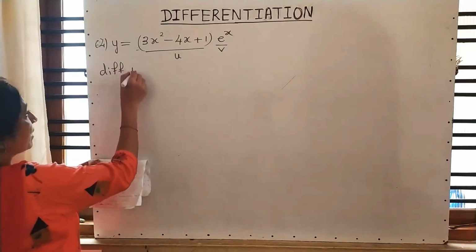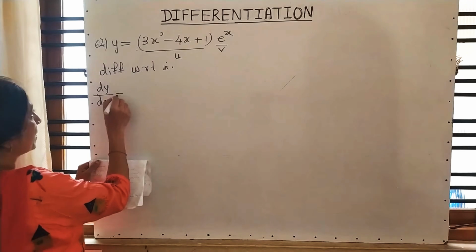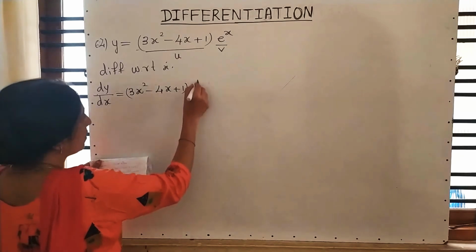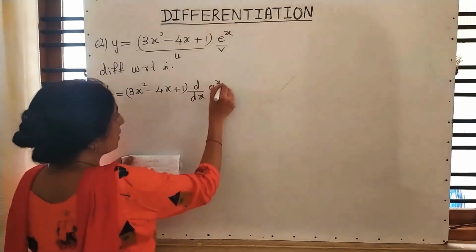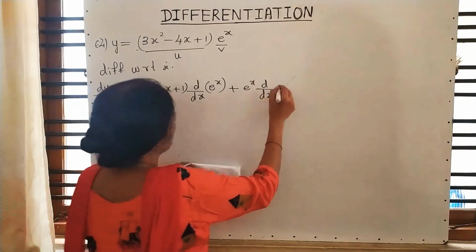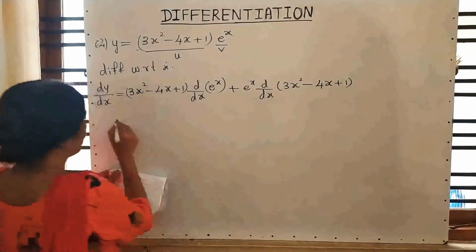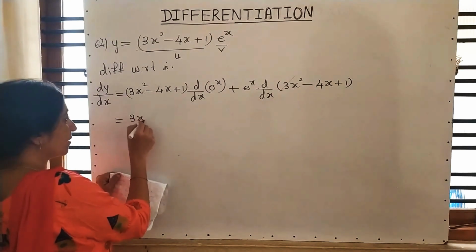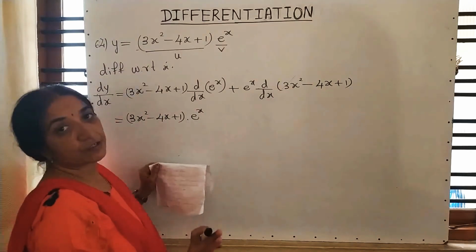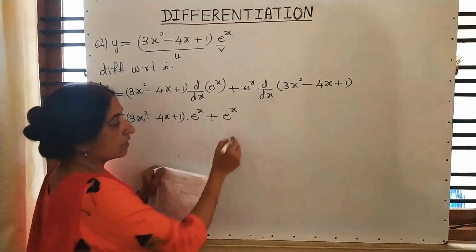Differentiating with respect to x. dy upon dx will be 3x square minus 4x plus 1 into differentiation of e raised to x plus e raised to x before differentiation into differentiation of 3x square minus 4x plus 1. So this is before differentiation, keep as it is, and differentiation of e raised to x will be e raised to x plus this is before differentiation, so write as it is in the bracket.